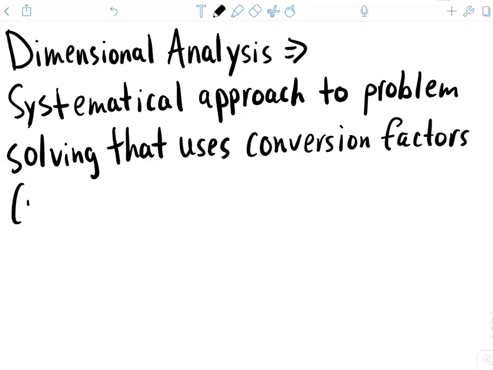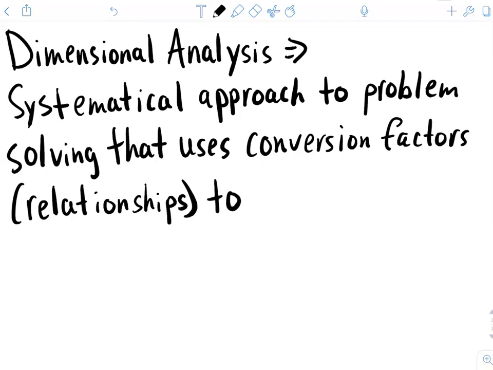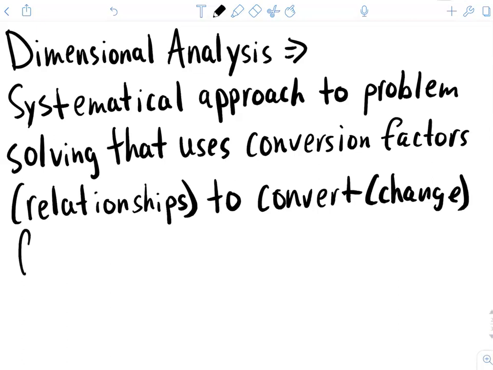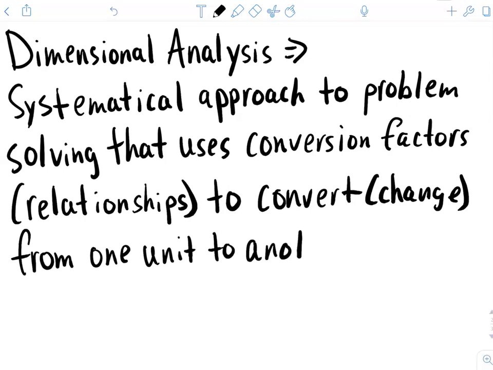And you're probably going to hear me call them relationships, because I'm wanting to figure out how these two units are related. For example, $1 is related to pennies because 100 pennies is $1. So we use our conversion factors or relationships to convert, which is the same thing as saying we're going to change from one unit to another.